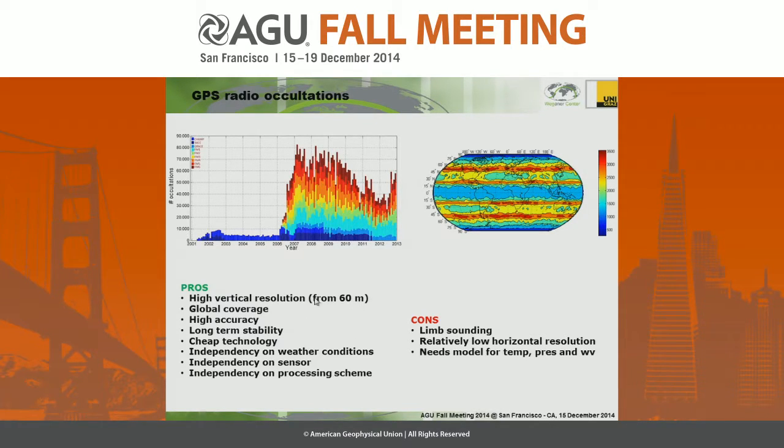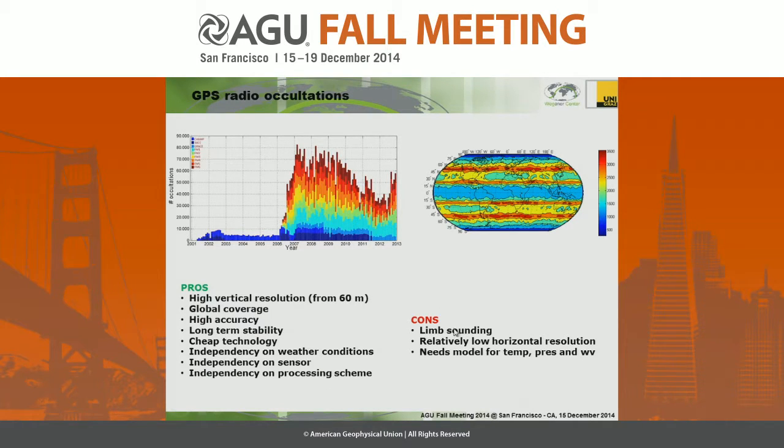So the pros and cons of the GPS radio occultation technique. The pros are high vertical resolution, starting from 60 meters in the lower troposphere, global coverage, high accuracy, and long-term stability. It is a cheap technology because it uses GPS antennas. It is independent of the weather conditions, of the sensor, and of the processing schemes.